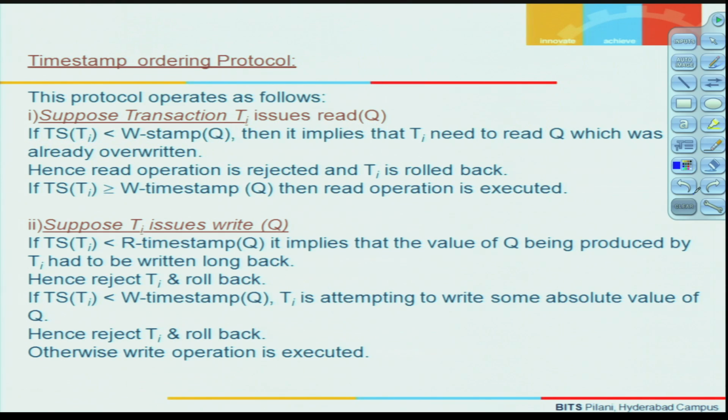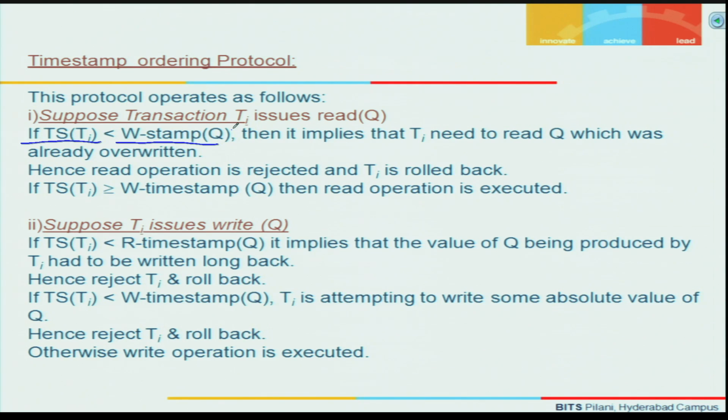Okay. And now, if the timestamp of Ti is less than the write timestamp of Q, then what happens? That means some transaction has written the data item Q and whose timestamp is greater than the current timestamp which is making a read request. Then what does it mean? The transaction Ti is older than the transaction Tj which has recently written the data item Q. Then in that case the order is Ti first and then that transaction Tj.